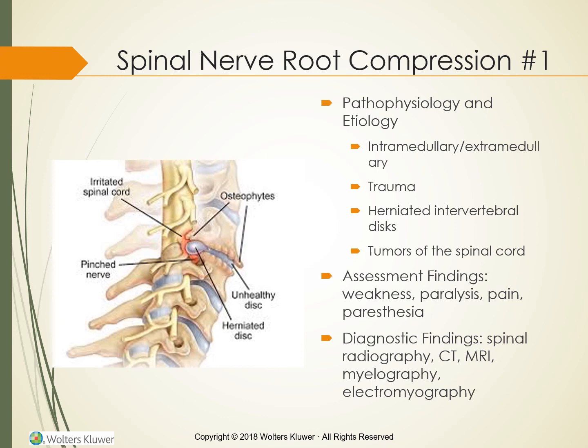In assessing this, symptoms can vary depending on the cause of the compression and the level involved. Generally it will be weakness, paralysis, pain, paresthesia. When a herniated disc in the lumbar region compresses the sciatic nerve, the client will describe feeling pain down the buttocks and into the posterior thigh and leg.